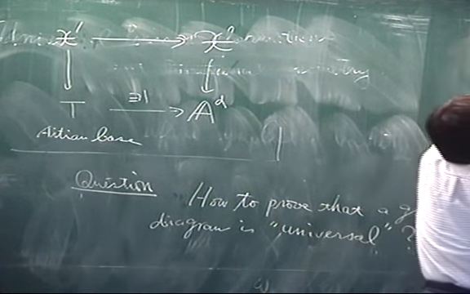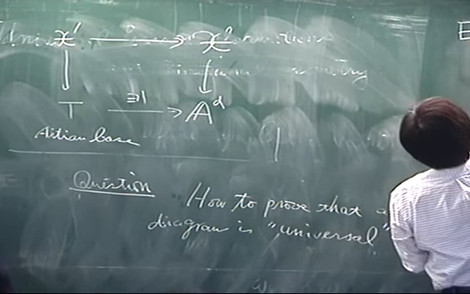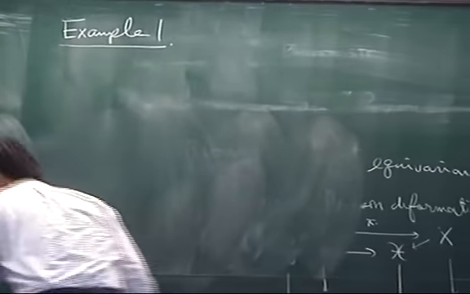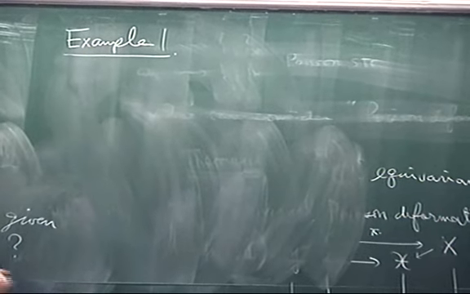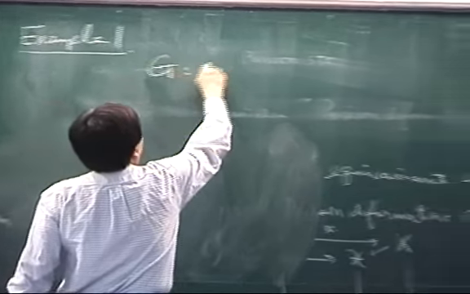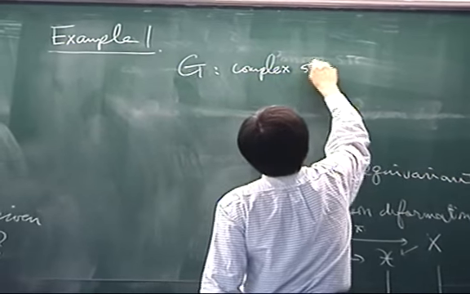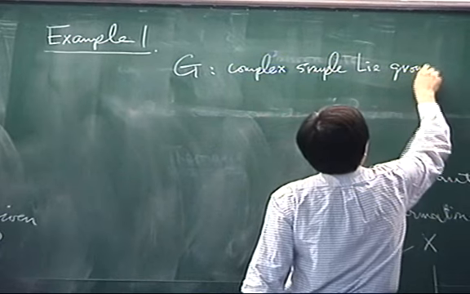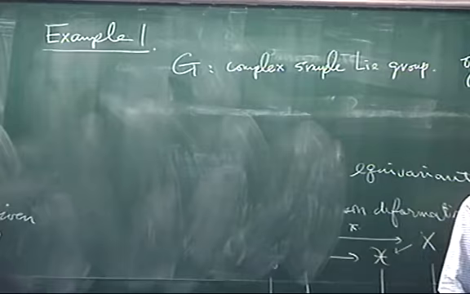So the typical and simplest but essential example is the following. If you start with a complex simple Lie group, and let G be its Lie algebra.